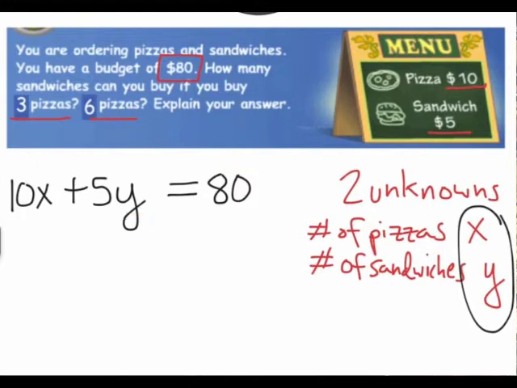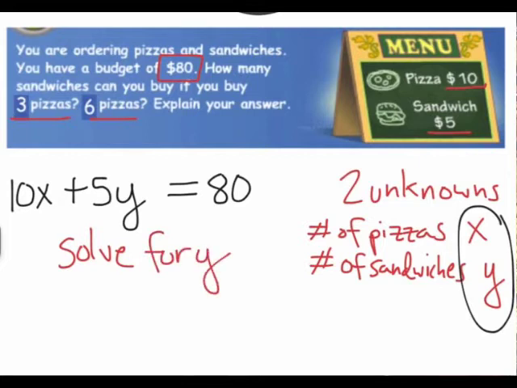Now, let's look at the question. How many sandwiches can you buy if you buy a certain number of pizzas? What this is asking us to do is to solve this equation that we just wrote for the number of sandwiches. So solve for y.